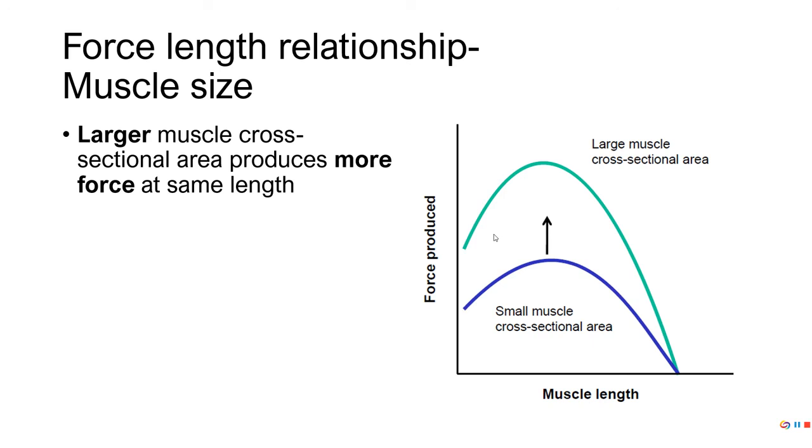In a parallel muscle, the individual fibers produce more force because there's less cross-sectional area, but the muscle itself produces less force than a pennated muscle because it has greater cross-sectional area. So more cross-sectional area, more force. As you can see here, the length of the muscle affects that because it affects how many cross bridges are being created. But at all points, a larger cross-sectional area produces greater force.